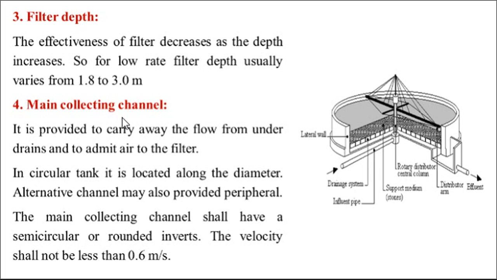The main collecting channel should have a semicircular or rounded invert. The velocity should not be less than 0.6 meter per second. Whatever wastewater is collected by the underdrainage system is carried by this main collecting channel, which sends it to the next treatment unit.